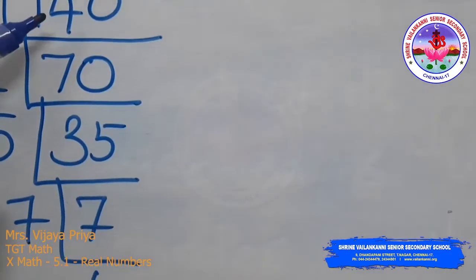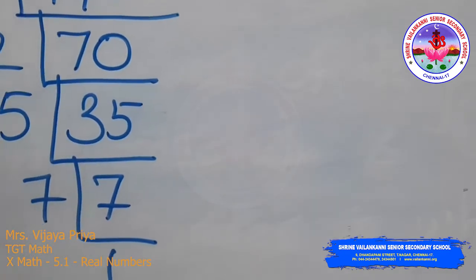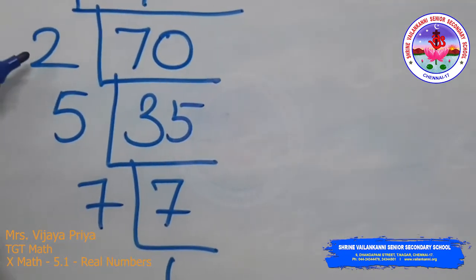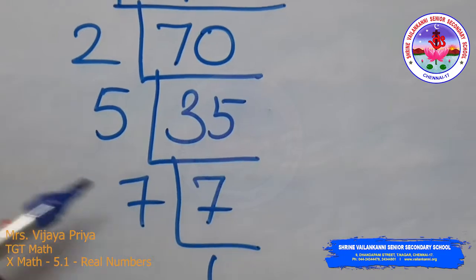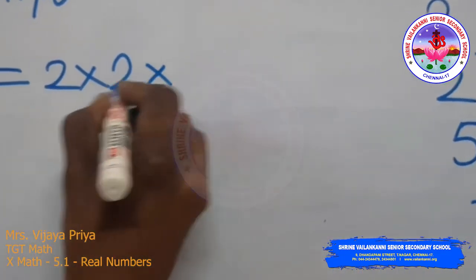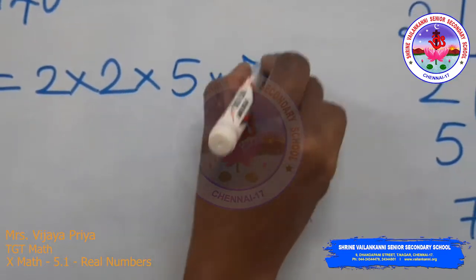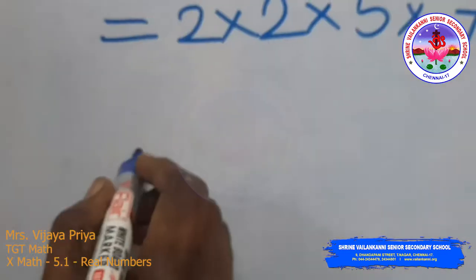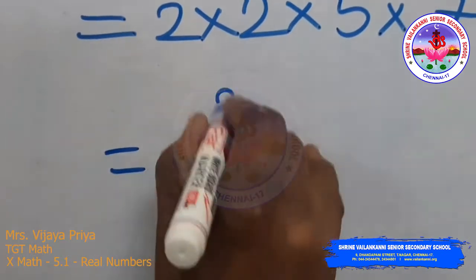So I got 140 can be written as the product of 2 into 2 into 5 into 7, which is equal to 2 power 2 into 5 into 7.